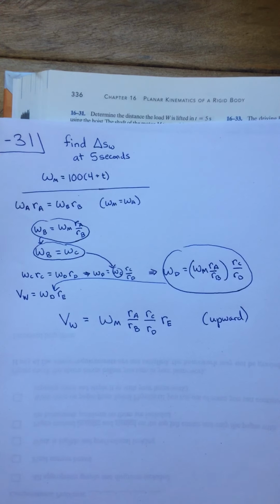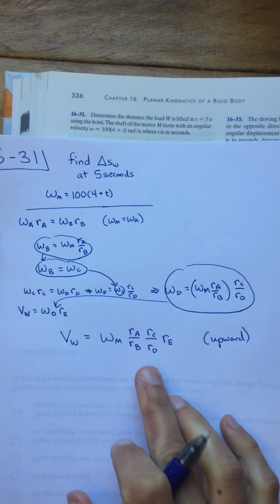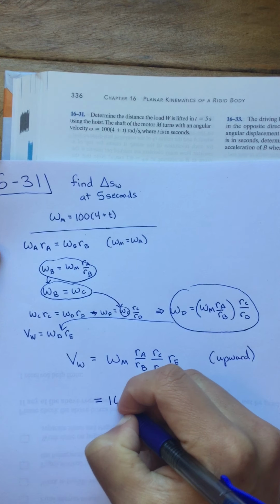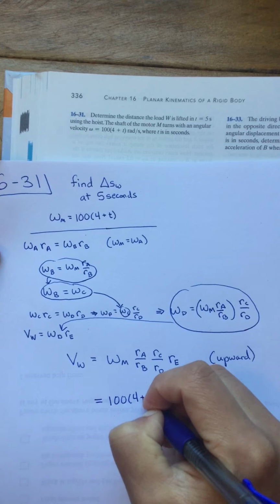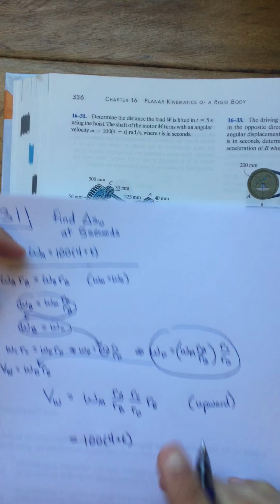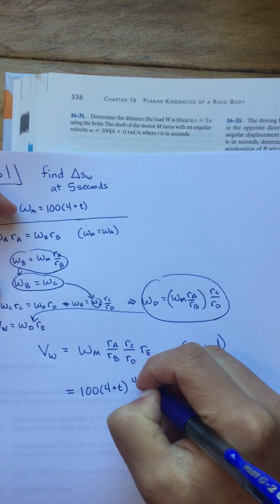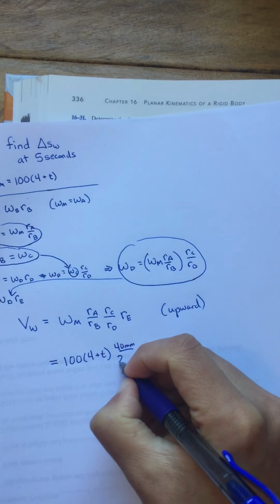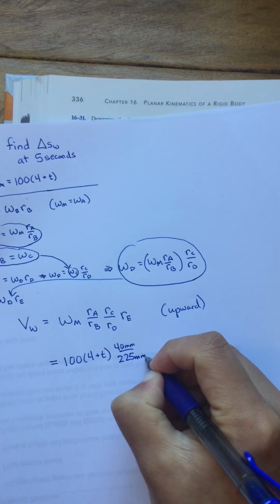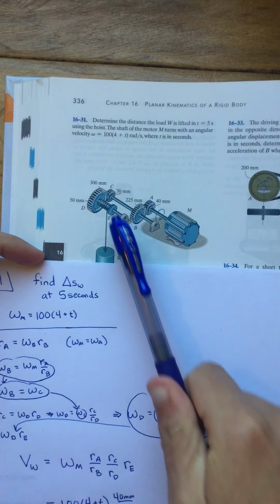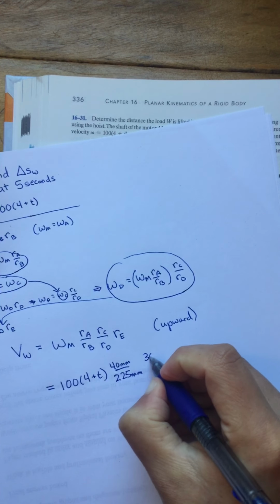Okay, so now I have to go back to the picture to figure out what all their radiuses are. Omega M is 100(4 + t). Then I have RA. RA is equal to 40 millimeters. RB is equal to 225. RC is equal to 30 millimeters.